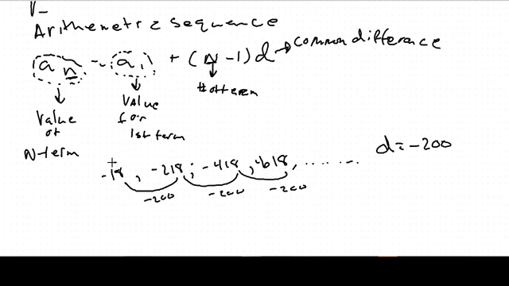This term right here is the first term of the sequence. So negative 18 would be equal to a_1, because that's the very first term.